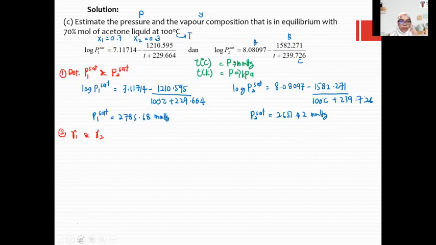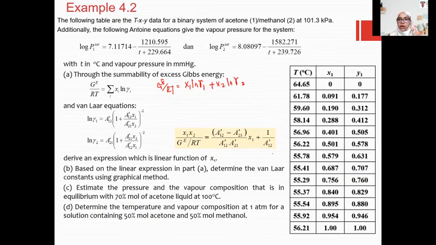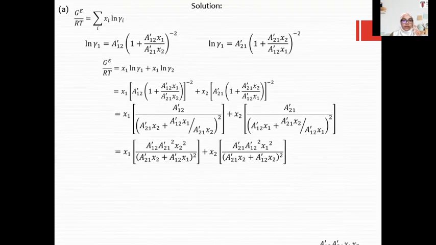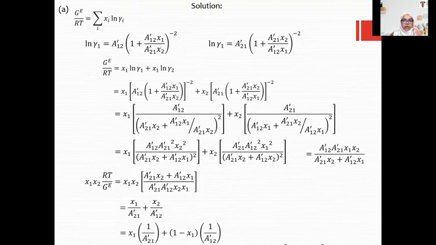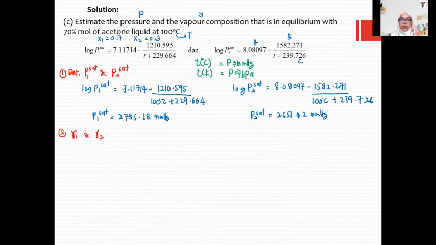How can we determine this? You can use the Van Laar equation. Next we can determine the value of gamma using the Van Laar equation.